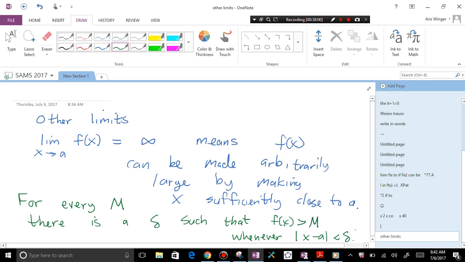All right, so the stuff in green is for my future math majors; the stuff in blue is for us, in words. You can tell somebody that on the street and they will understand it. The stuff in green is what the math majors will need to master. It's saying the same thing: you pick an M, I can get bigger than your M. That's what we mean by infinity, that it just gets bigger and bigger without bound.